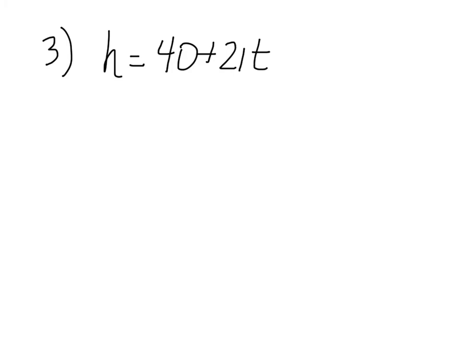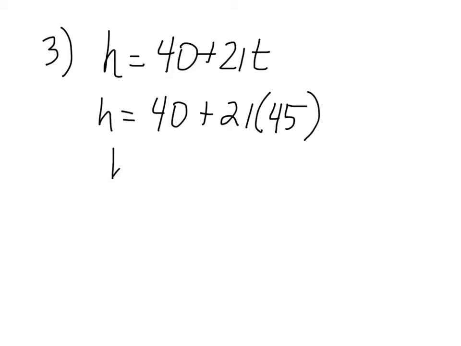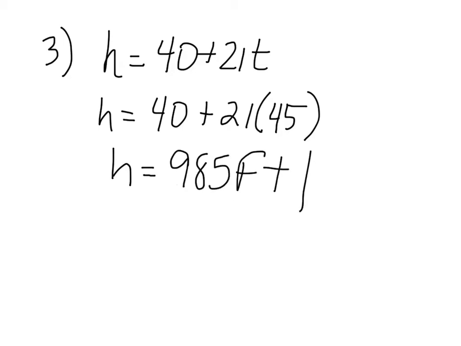Now we want to know, after 45 seconds, what is the helicopter's height? So you plug it in, 40 plus 21 times 45 seconds, and you would get a height of 985 feet. And make sure you label.